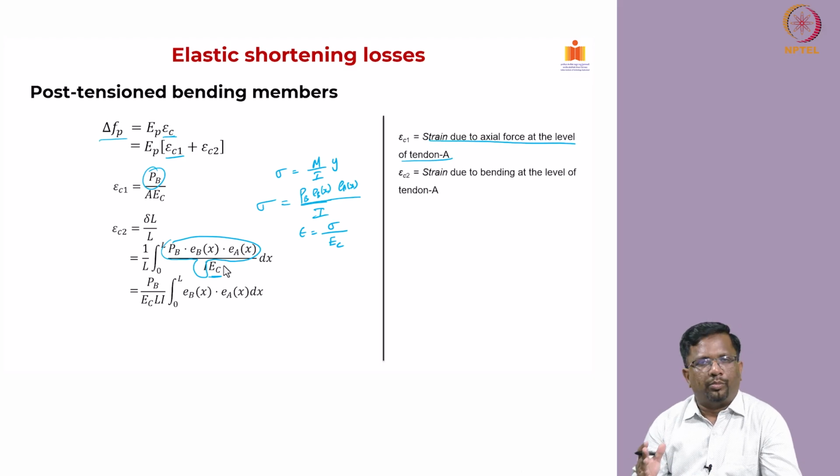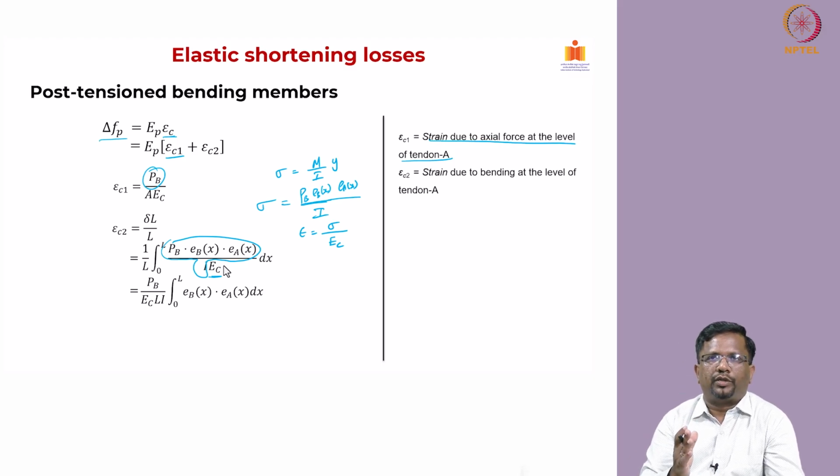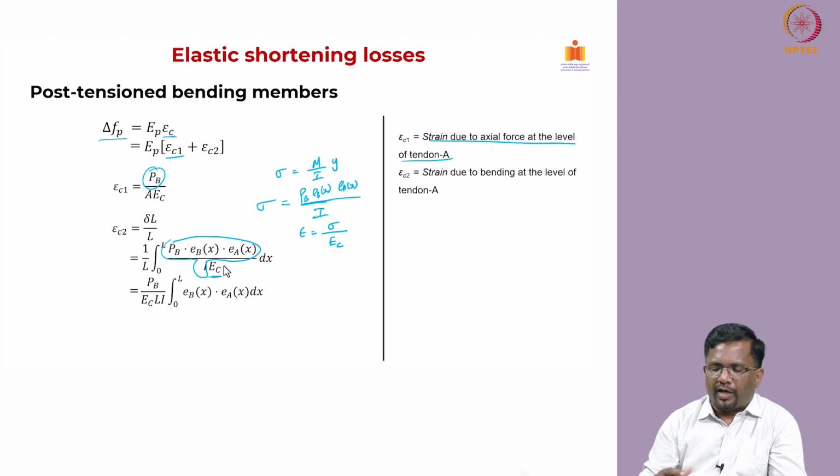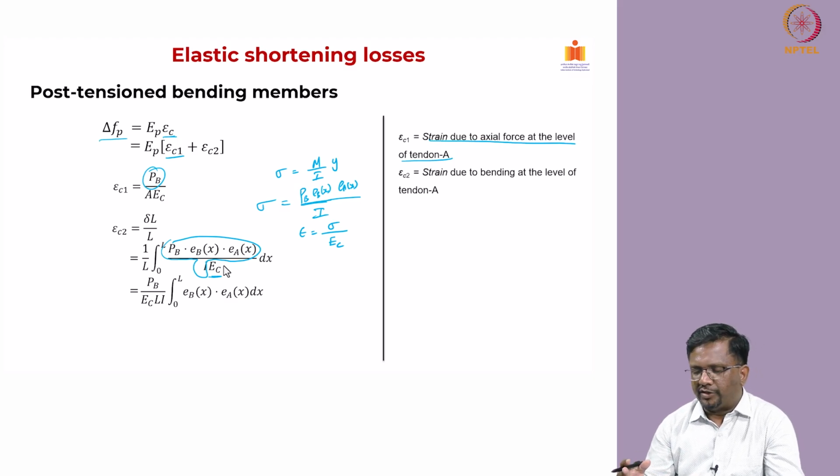Because this bending moment and the cable profile A are changing at every distance x, I can integrate the entire thing and get an average strain or average deformation, that when I divide by the overall length, gives me my average strain due to bending component.